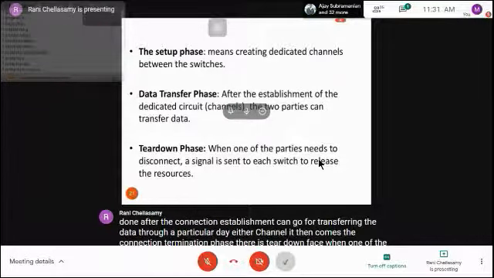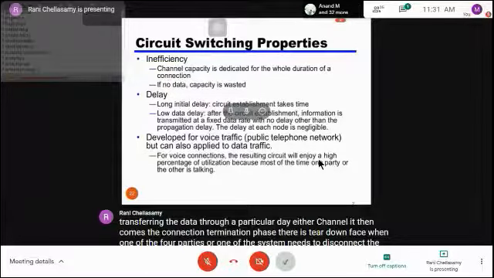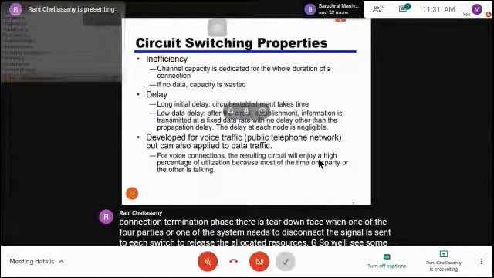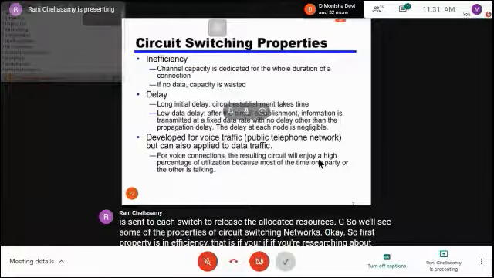Okay, so we'll see some of the properties of circuit switching networks. The first property is inefficiency. When you set up a circuit switching network, the connection has to be established, and you allocate a dedicated path for the transmission.